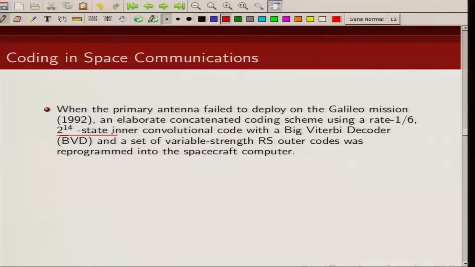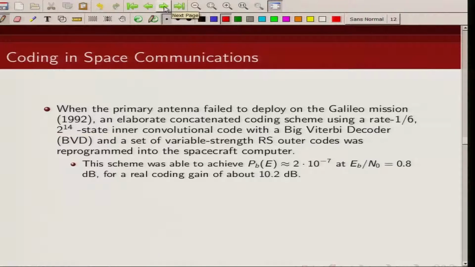That was a very impressive step forward as far as coding application is concerned, because it was able to salvage this mission because of the very nice concatenated code used, and it was successfully deployed. It provided a coding gain of around 10.2 dB and was able to achieve a bit error rate close to 10 to the minus 7.